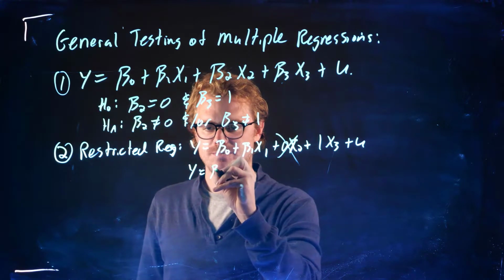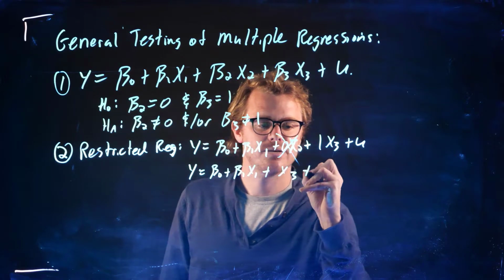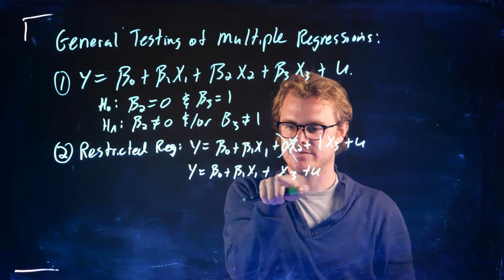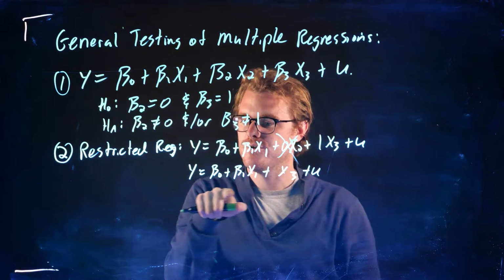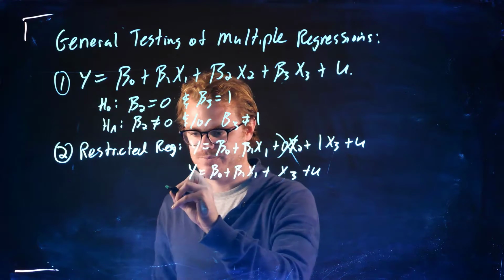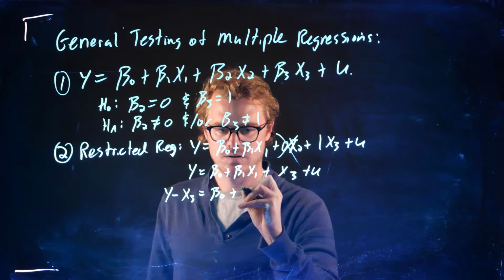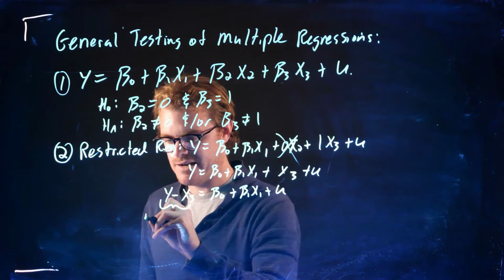So y equals beta 0 plus beta 1 x1 plus x3 plus u. We can't run this regression, there's no parameter in front of x3, so we're going to have to move x3 to the other side. So this is like a new dependent variable.